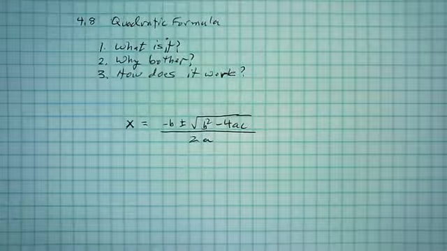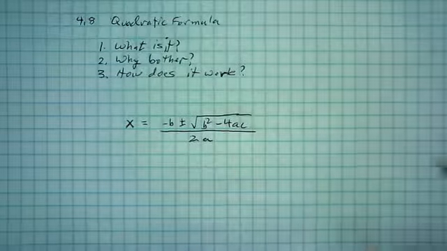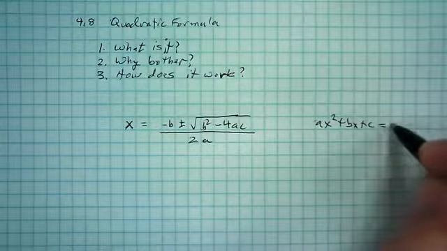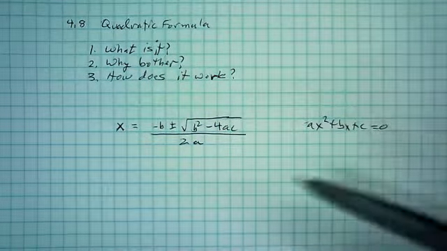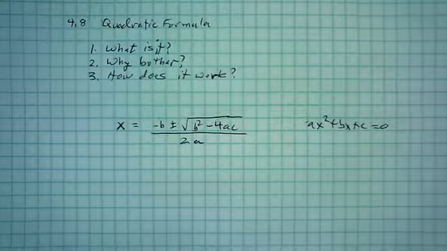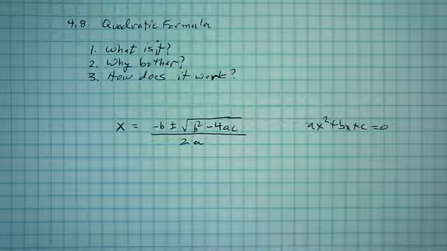Don't let it intimidate you. Remember, a, b, and c are all part of our definition for a quadratic equation. That is ax squared plus bx plus c equals 0. And anytime you have an equation that has these 3 parts in it, you can solve it using the quadratic formula as long as you remember it. Remembering the quadratic formula is the hardest part about using the quadratic formula.